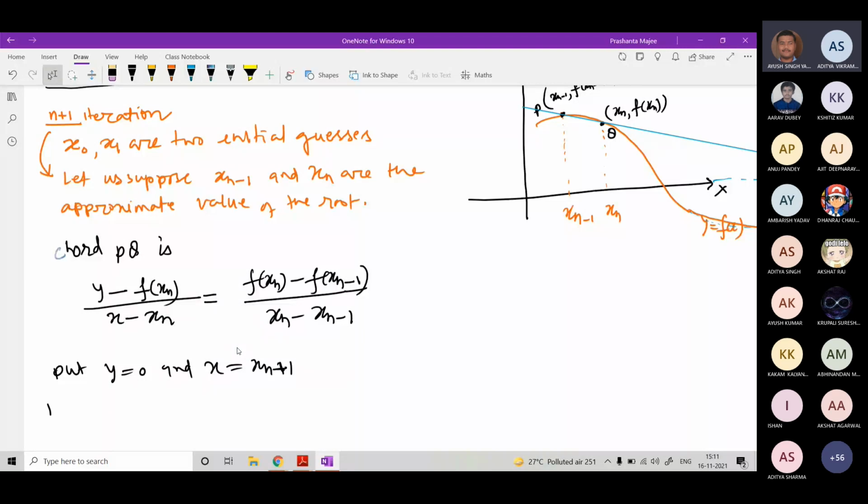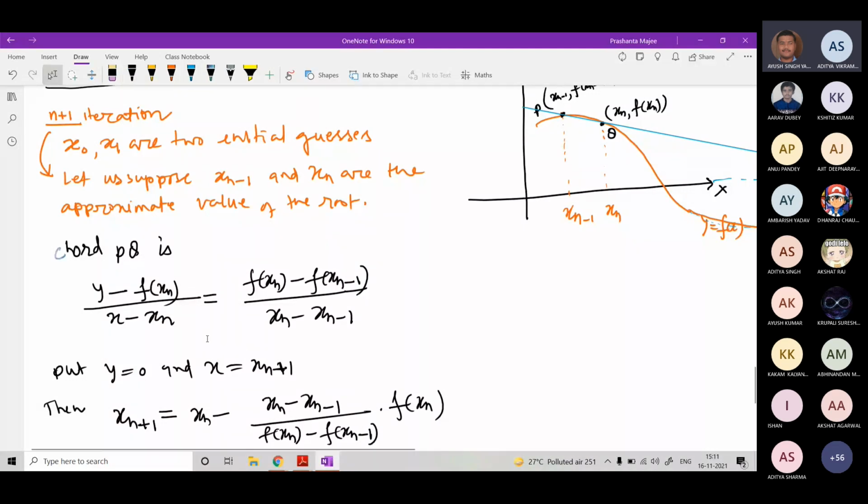So what will be xn plus 1? Xn minus f of xn minus, tell me, xn minus xn minus 1 by f of xn minus f of xn minus 1 into f of xn.